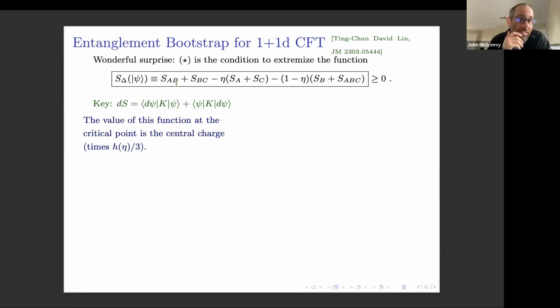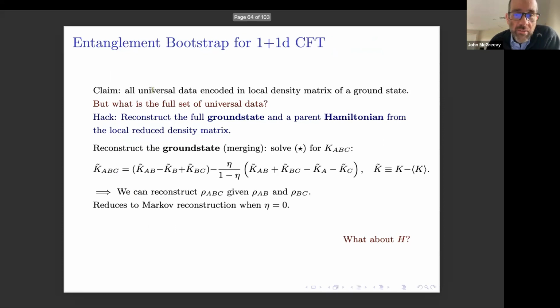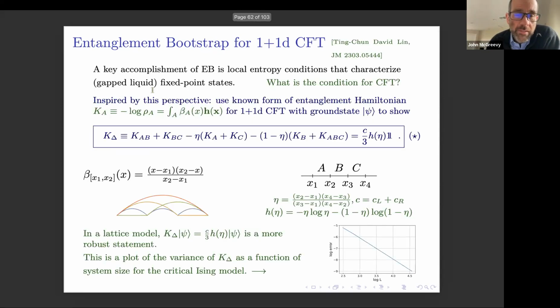Let me tell you the kinds of things we've done. But let's think about just a single choice of A, B, C for now. The value of the function at the extremum is the central charge times this h of eta over 3, using that identity, just because S is the expectation value of K. If I take the expectation value of the left-hand side, I get just this number.